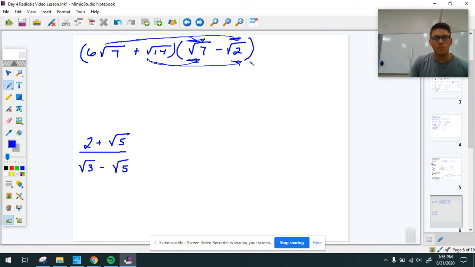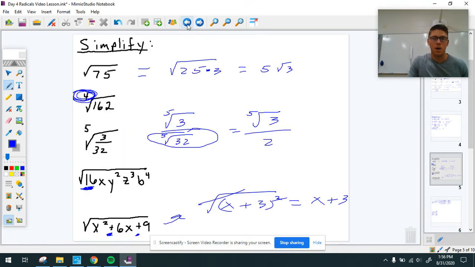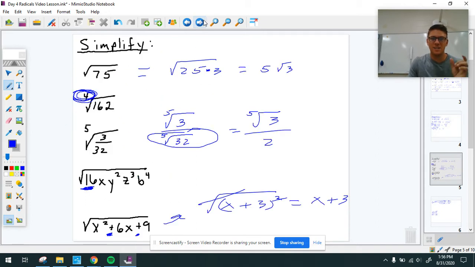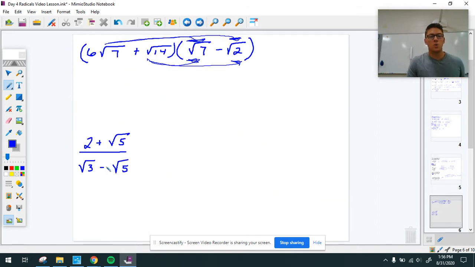The one on the bottom is the same idea of rationalizing from right here, but there's an addition or subtraction in the bottom. So in order to rationalize this one, if you guys remember, we have to use conjugates. When you multiply two irrational conjugates together, they become a rational number where there is no square root anymore.